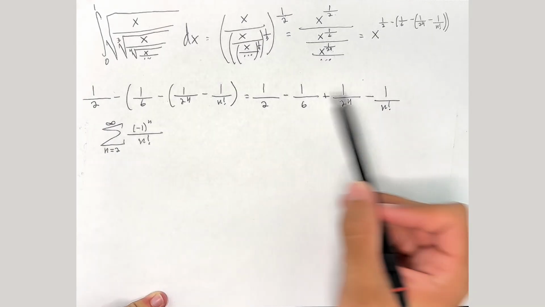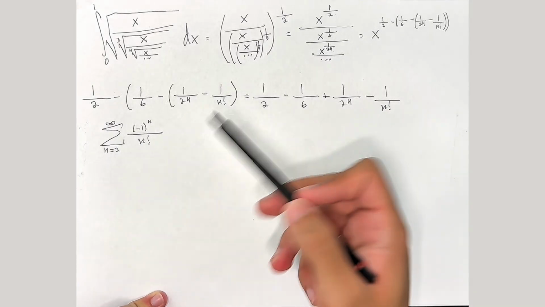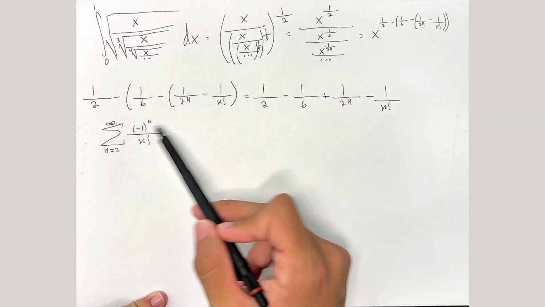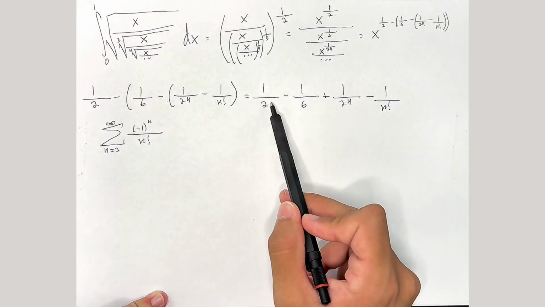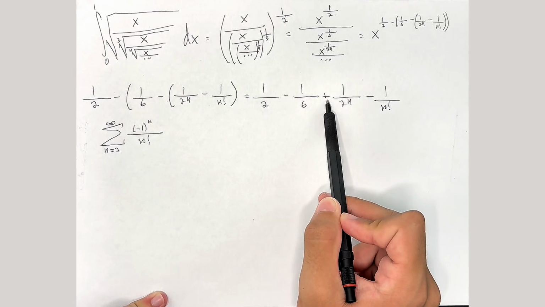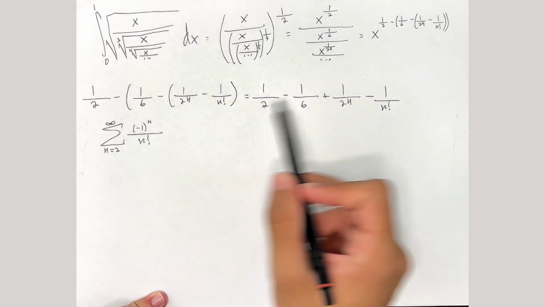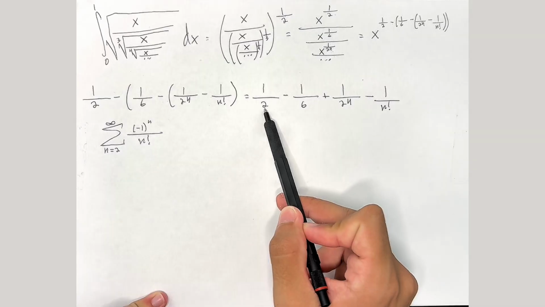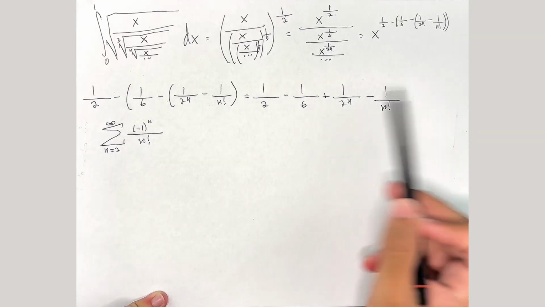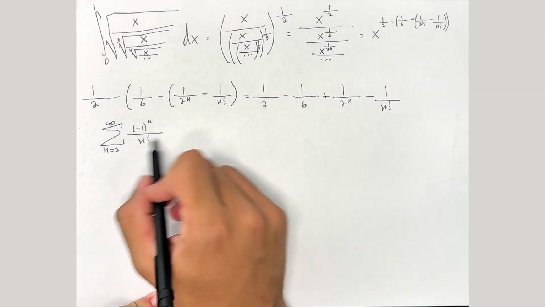This -1 to the n term right here is just some sort of alternating term, so it goes from -1 to 1, -1 to 1, which is what we see here, -1, 1, -1, and on and on. And then the n factorial is what we see here, 2, then 6, then 24, then it would be 120, and on and on and on.